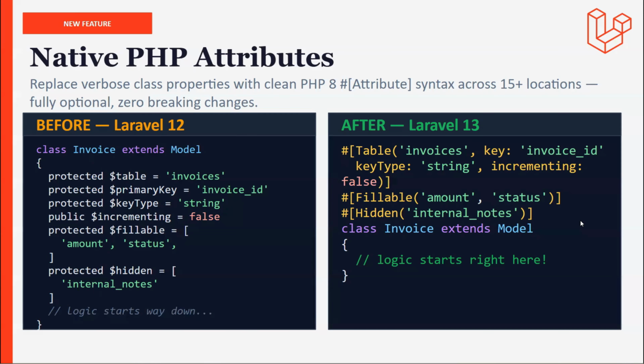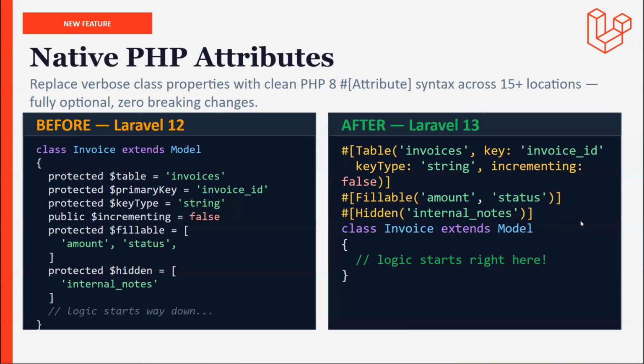But in Laravel 13, much of the configuration can be written using PHP attributes just above the class. All these properties become configuration defined inside hash bracket syntax. This keeps the class very clean and makes your main logic much easier.